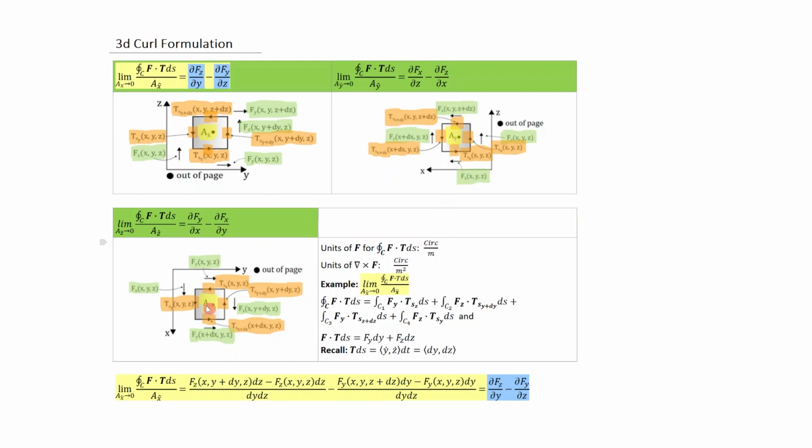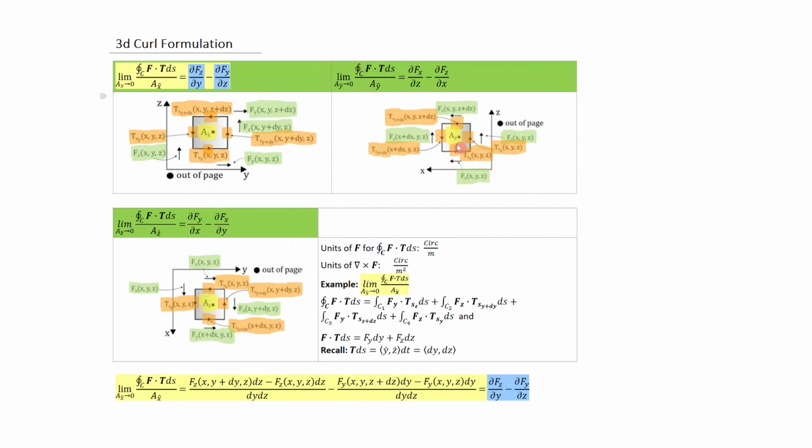All right, so when we're dealing with rotation or circulation, curl in the zy plane, then this is the definition that we're dealing with, and we're going to let the area go to 0. Similarly, if we're dealing with a rotation in the zx plane, then we're dealing with this formulation here.